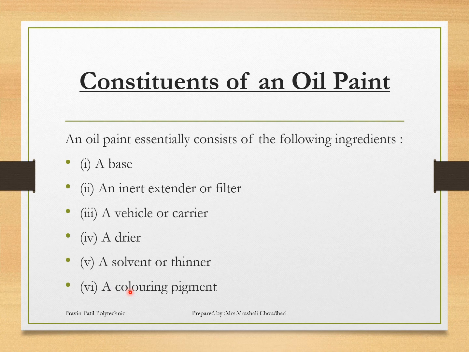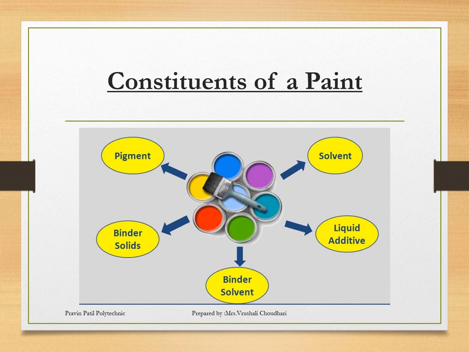Paint is a mechanical dispersion of one or more pigments in a vehicle. The vehicle consists of volatile and non-volatile drying oils. A paint provides both color and hiding power. These are the main constituents of the paint.